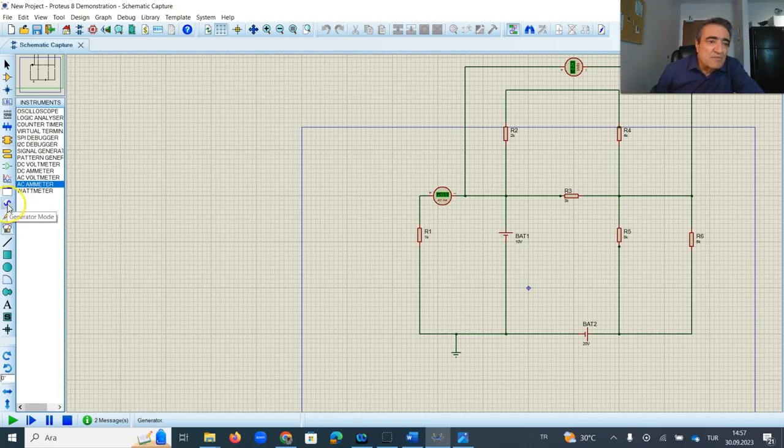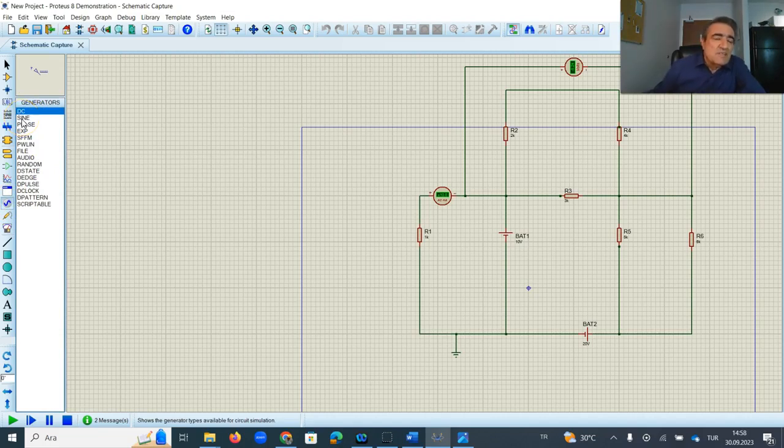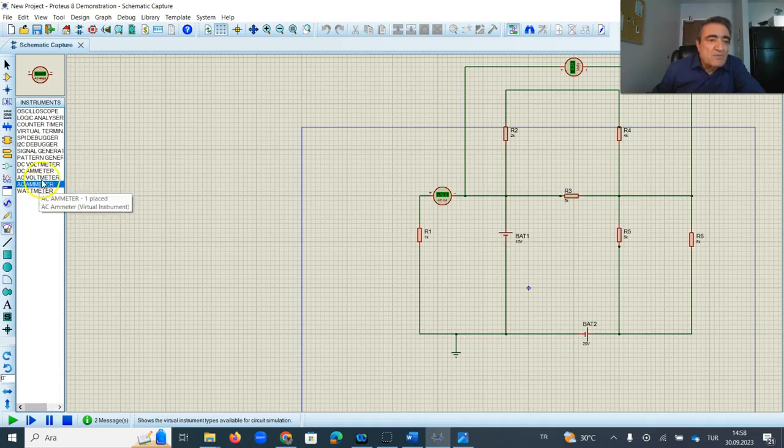For example, what is generator mode? You see, sine. This is the type of the signal, DC, etc. And then we have here instruments, different types of instruments: wattmeter, ammeter, voltmeter, etc., DC or AC. Oscilloscope we have.